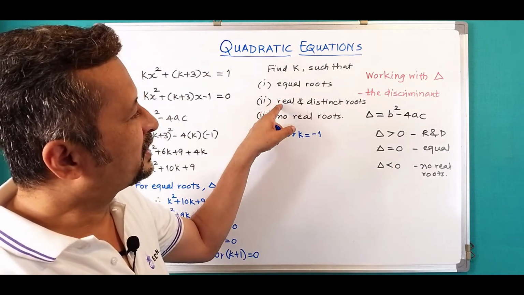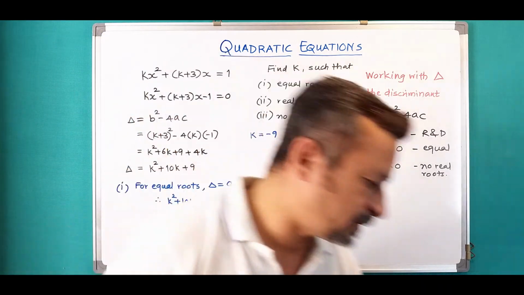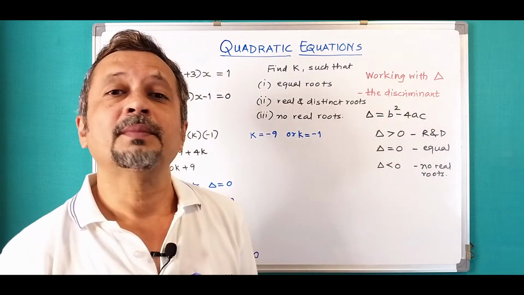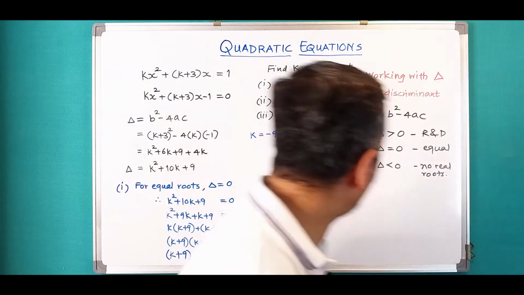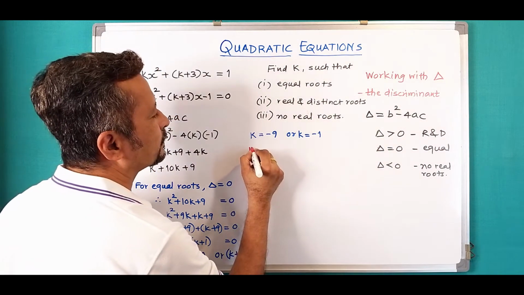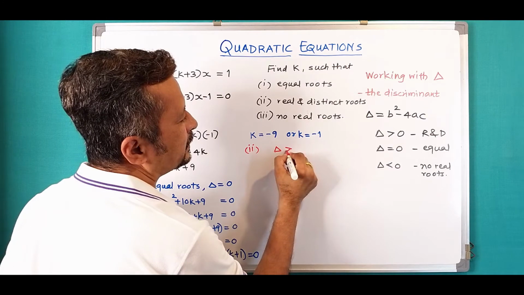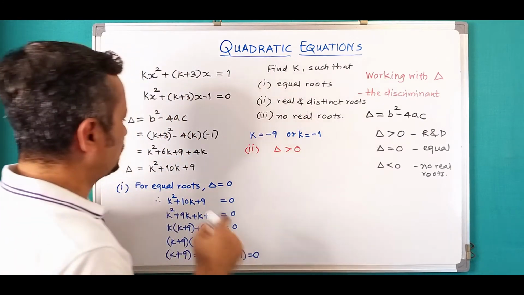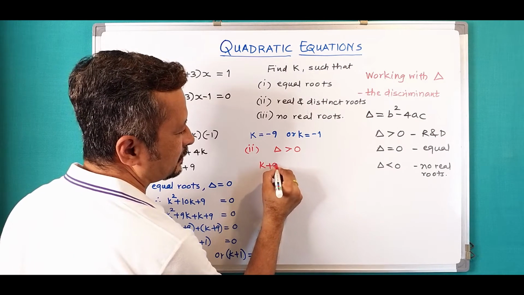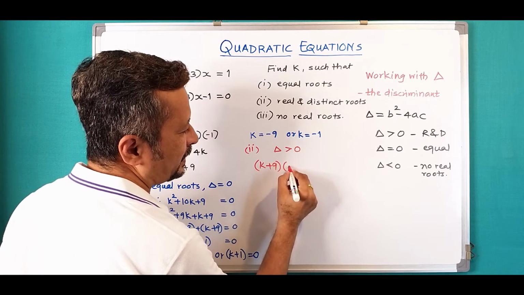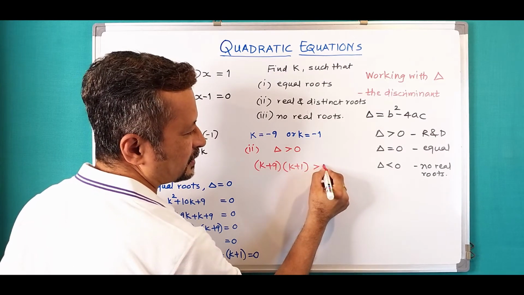What about real and distinct? For real and distinct, my delta has to be greater than 0. So number 2, delta greater than 0. That means (k plus 9) multiplied by (k plus 1) should be greater than 0.